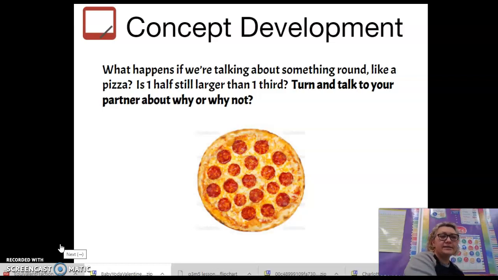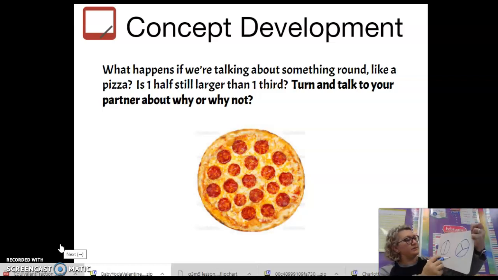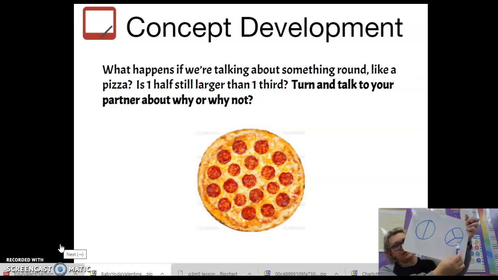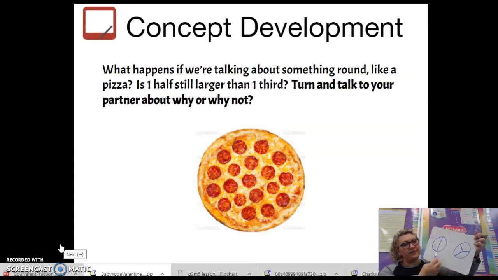Okay, so let's take our pizzas. I get half of that one, and then this one we cut in thirds. Again, looking at these pieces of pizza, even though I did do it equally, these 3 pieces are still smaller than one of these pieces. So 1/2 is bigger than 1/3.